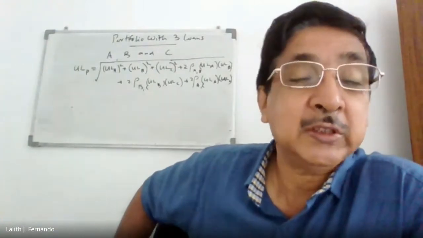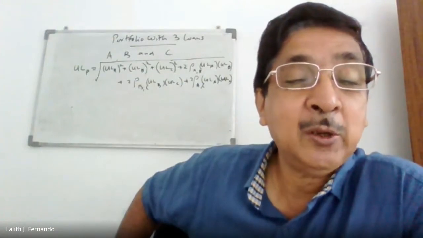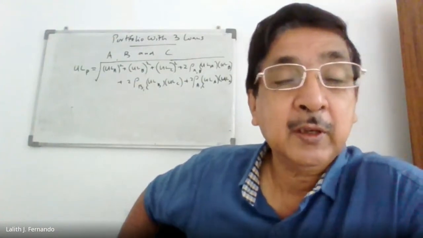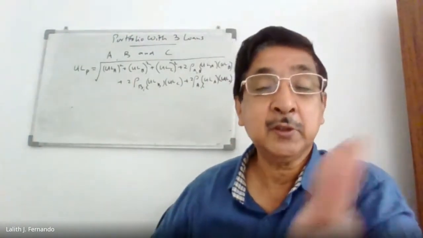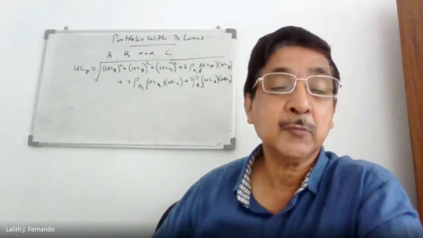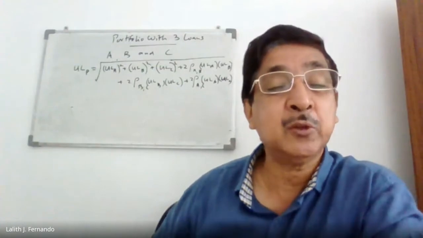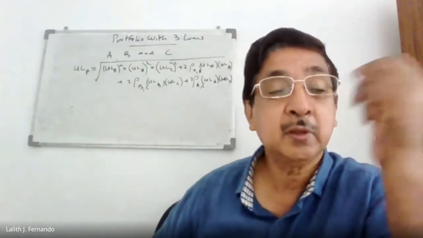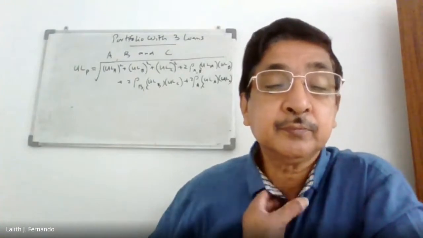Now, shall we do an example on that? Likewise, this is three assets, but if you have four assets also, you will have the same type of formula. Say, for example, if you have four assets, how many correlations would there be?